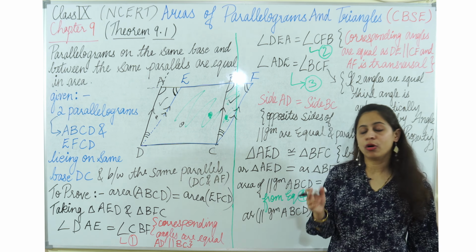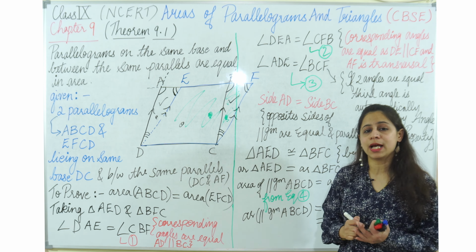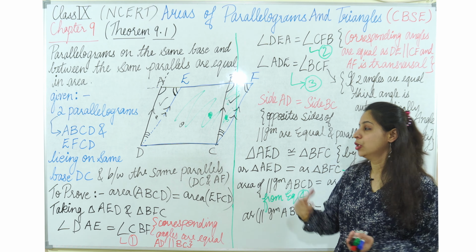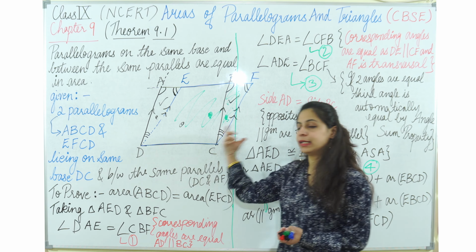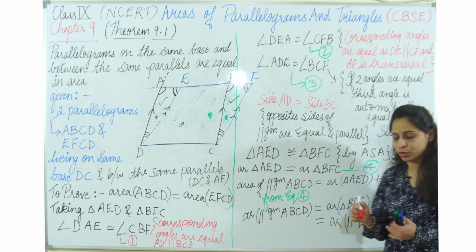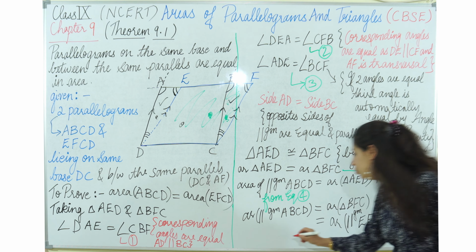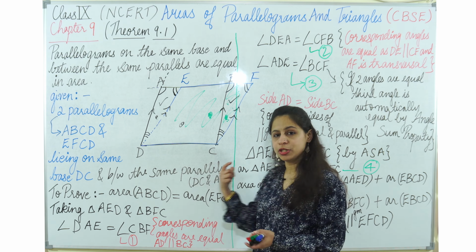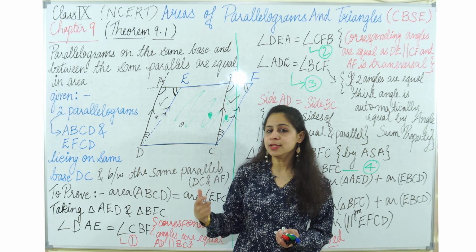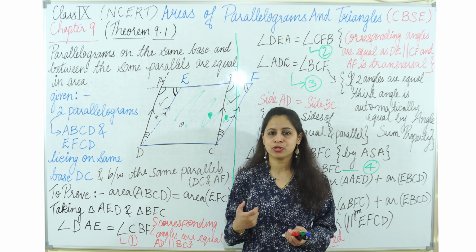So they were between the same parallels and lying on the same base, so their areas were equal, and here we have proved it. So hence proved. In this manner you need to prove this theorem. This theorem is important from the exam point of view.